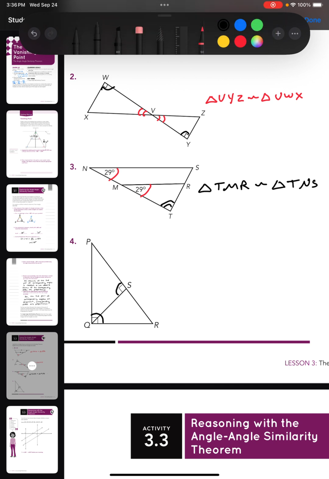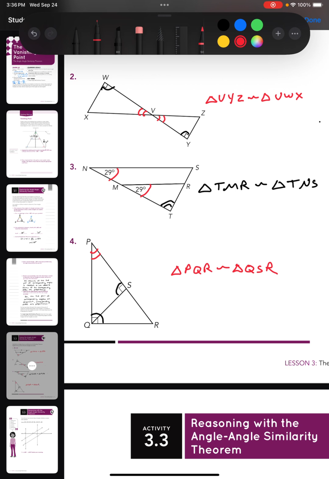Angle P is the same in both the triangles, so they both share this angle. So again, we now have determined we got 2 angles that are congruent. So these triangles have to be similar to each other. So triangle PQR is similar to triangle QSR.